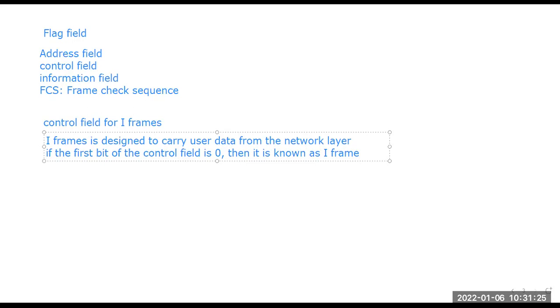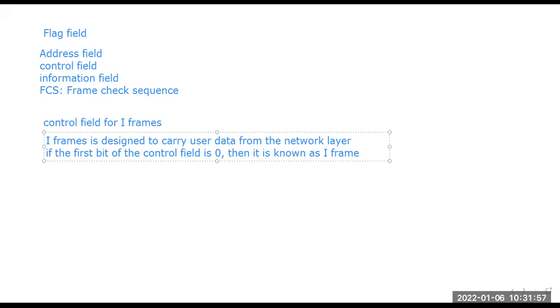The next three bits in the control section define the sequence number of the frame. So the sequence number can be identified with the next three bits, and the last three bits correspond to the acknowledgement number. Considering there are 8 bits, the first bit is used to identify what type of frame it is. The next three bits define the sequence number, and the last three bits help us for the acknowledgement purpose.